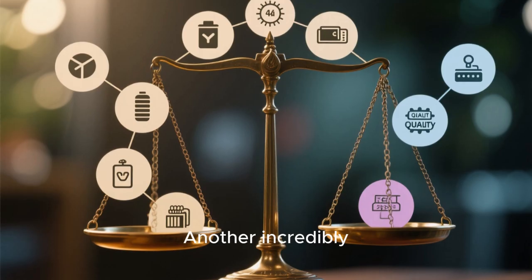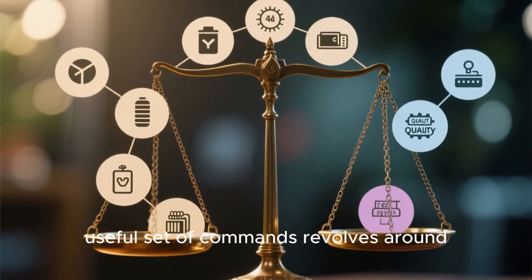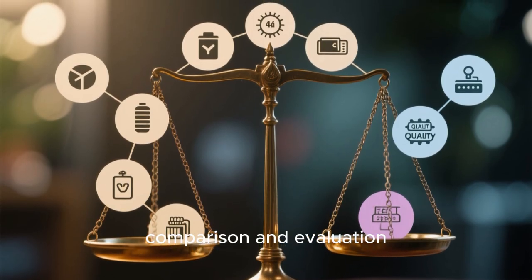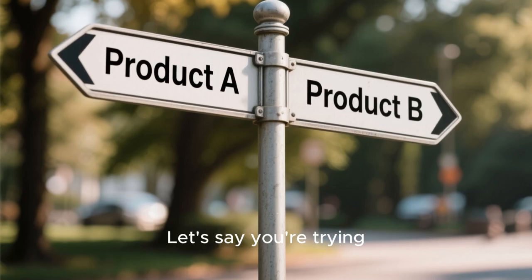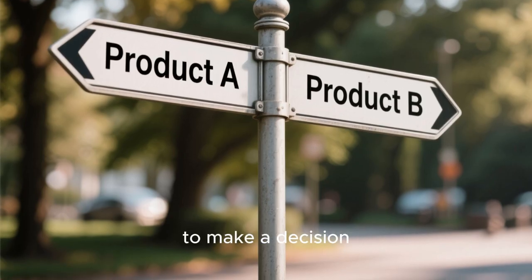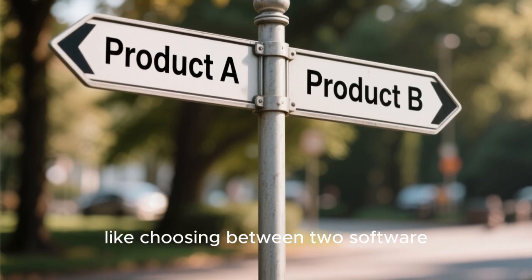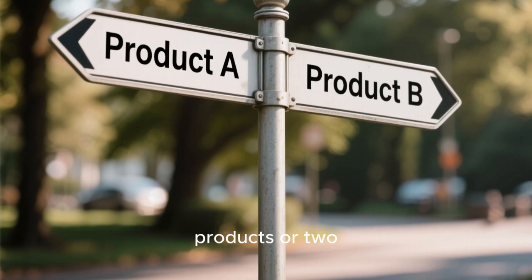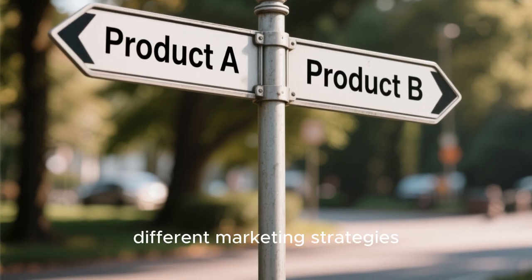Another incredibly useful set of commands revolves around comparison and evaluation. Let's say you're trying to make a decision, like choosing between 2 software products or 2 different marketing strategies.